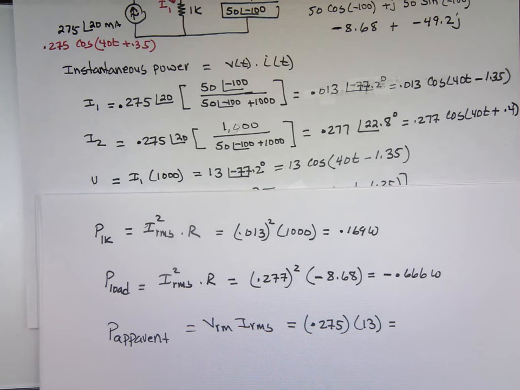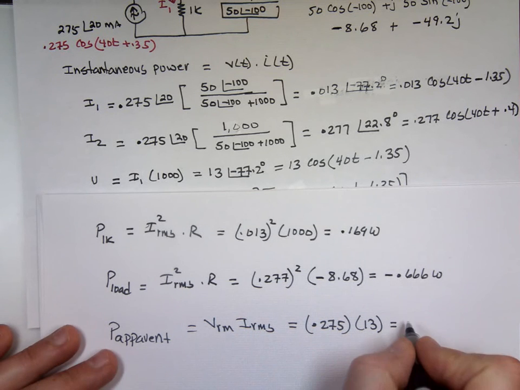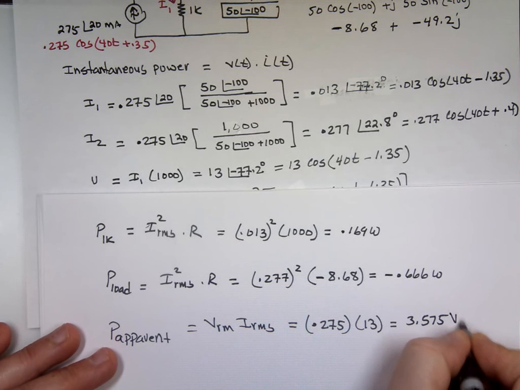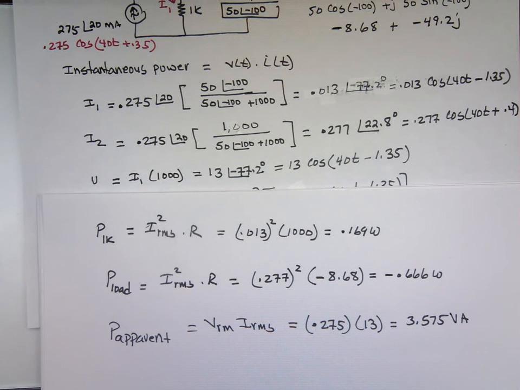The result is 3.575, and that's VA. The unit for that is VA. So we got the average power, we got the apparent power. The power factor is what? The ratio of the average power to the apparent power.